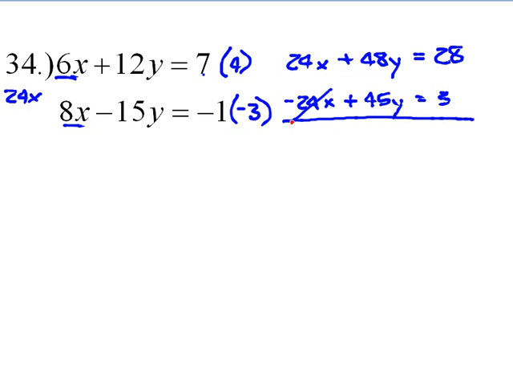Okay, we add them together. We like that. We end up with 93y equals 31, which gives us simply y equals 31 divided by 93, which is 1/3.